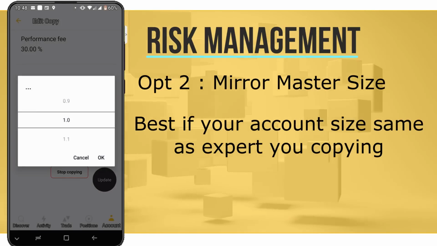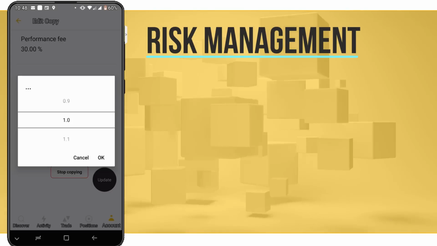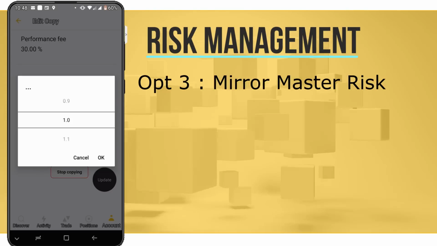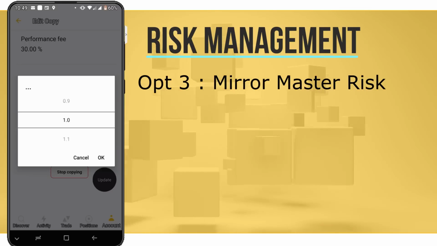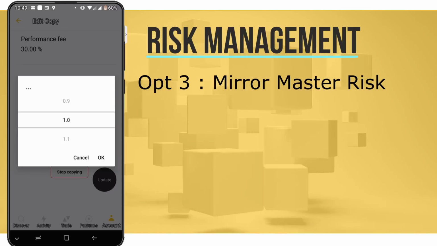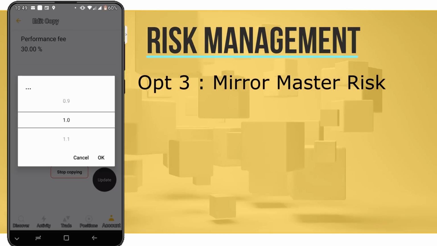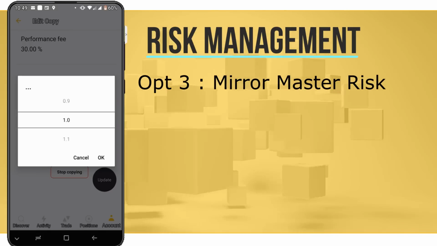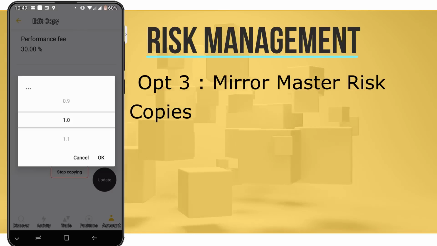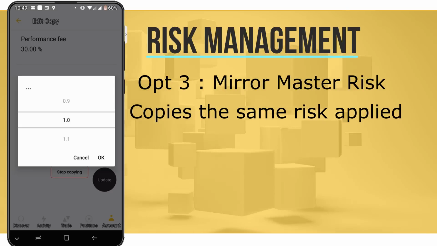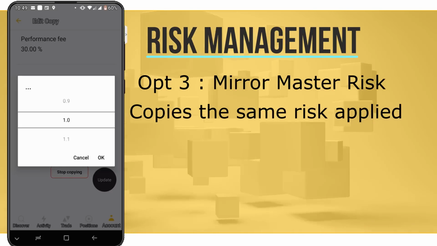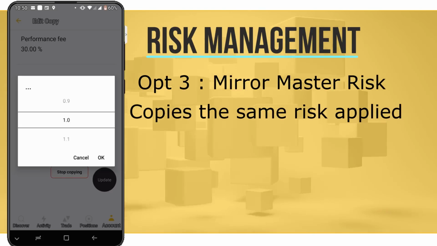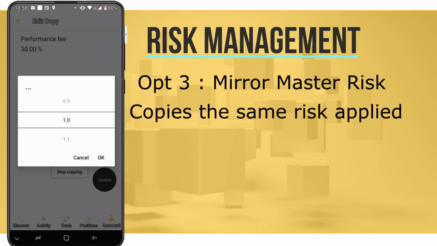But the one that we actually recommend you to use is the third option, which is to mirror the master risk over there, right? So this is the best way to manage your risk properly, because when it's set to 1 over here and your account size is equal to ours, so if you have $150 as the same as us, then the same lot size that we have on our account is what will be copied on your account, right? But let's say your account is not the same size as ours.